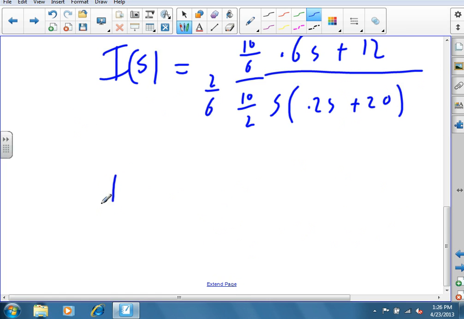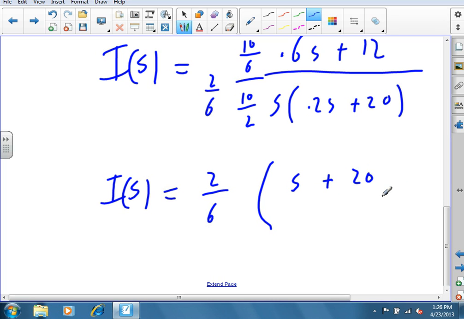So that'd be good. So I have I of S equals 2 over 6 times S plus 20 divided by S times S plus 100.